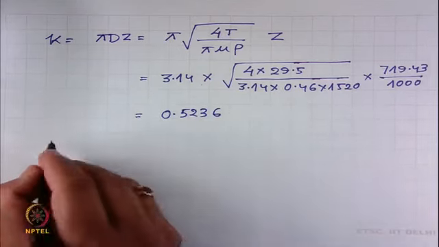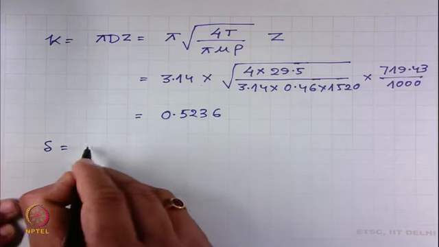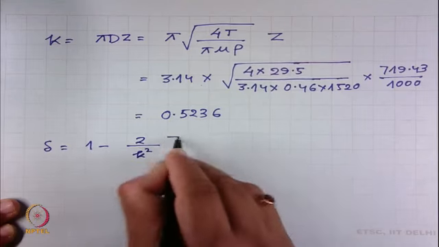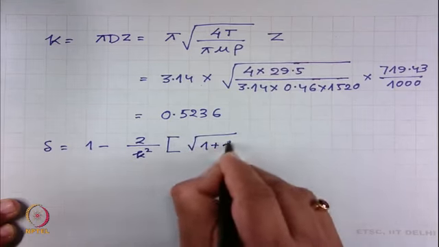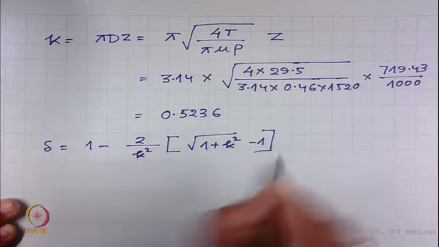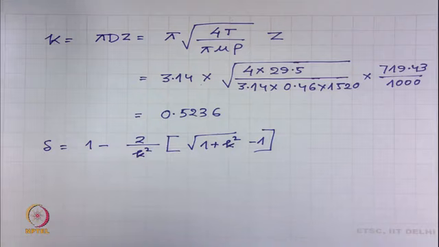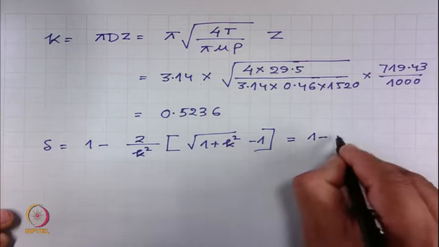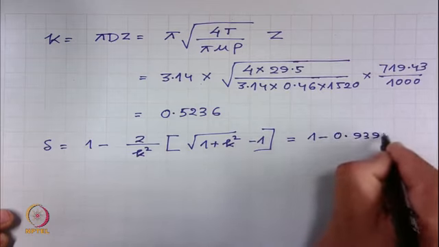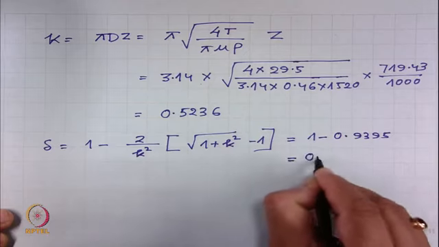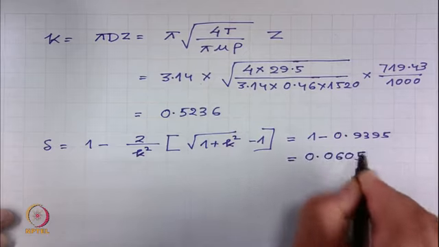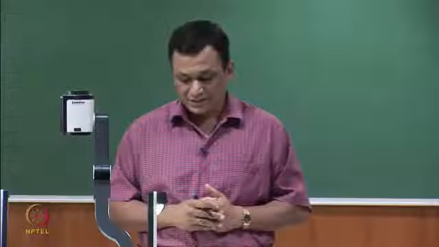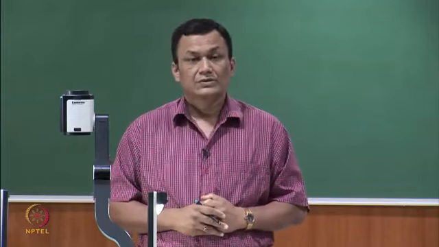If you know kappa, you will be able to determine yarn retraction: 1 minus 2 by kappa squared into the square root of 1 plus kappa squared minus 1. You substitute this value of kappa, then you will find 1 minus 0.9395, which is equal to 0.0605. So, 6.05% will be the retraction. This is the answer.